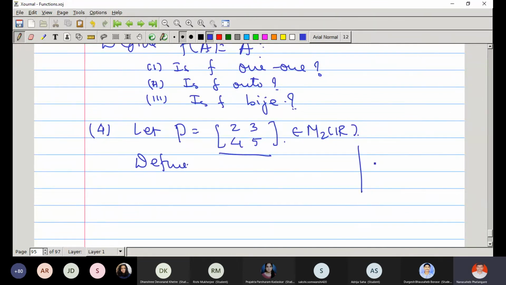Suppose I have a constant a equal to 2 and I define a function from R to R. f of x is equal to 2x. Is it a function from R to R?